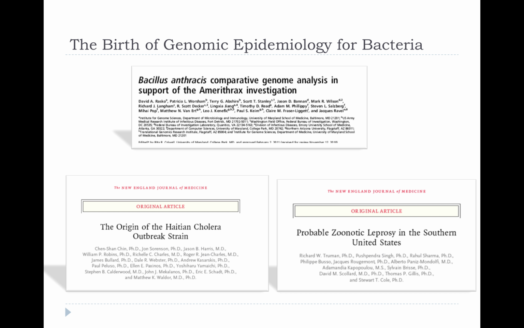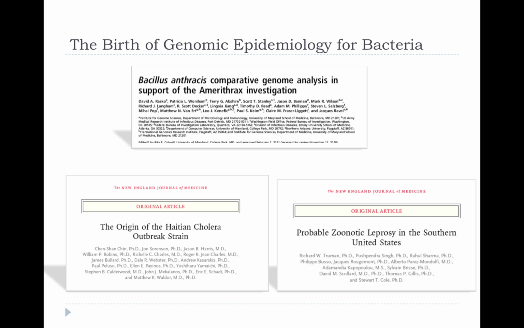So I've been around long enough that I can remember when all this started. It was very exciting when people first started sequencing bacterial genomes and using them in this kind of detective way of tracking down what's gone on. And the pioneering study, I guess, was with the so-called Amerithrax incident, where someone deliberately released anthrax spores into the American postal system.